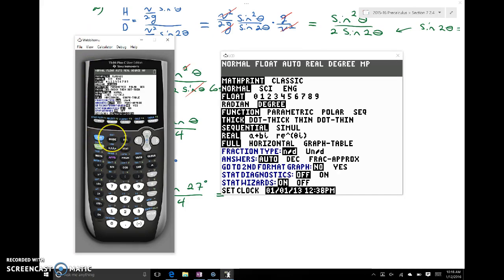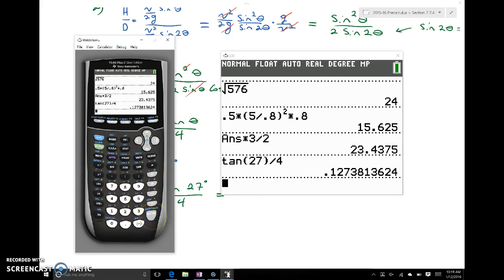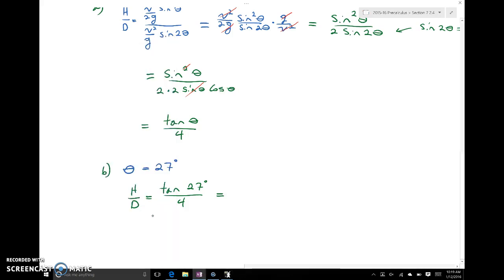There we go. And there we go. And if we wanted to round, they round to the hundredths place in the book, so we could do 0.13 if we wanted.